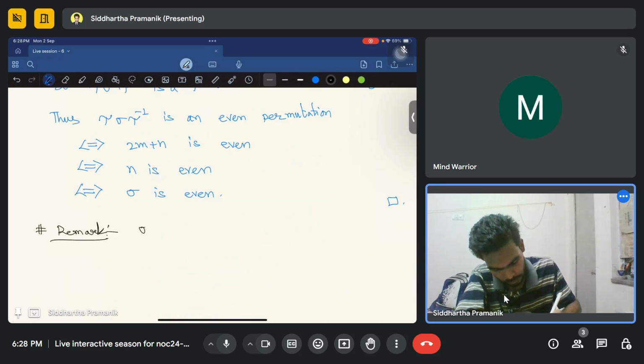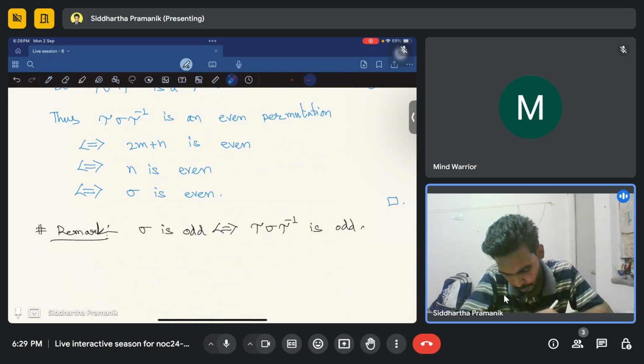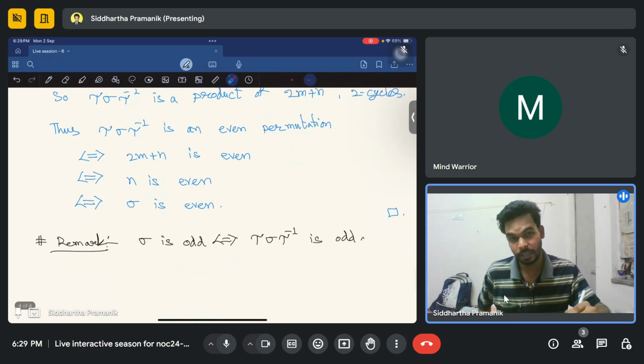Sigma is odd if and only if tau sigma tau inverse is odd. And the proof follows exactly the same way as we have done for the even case.